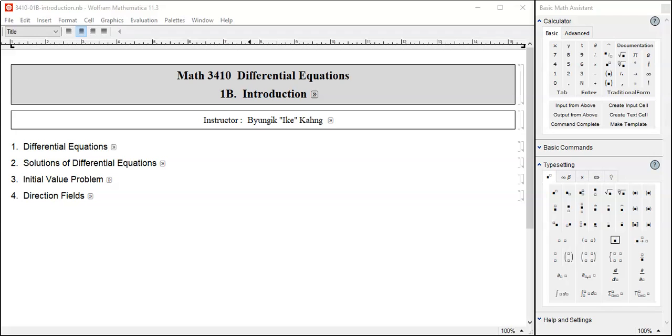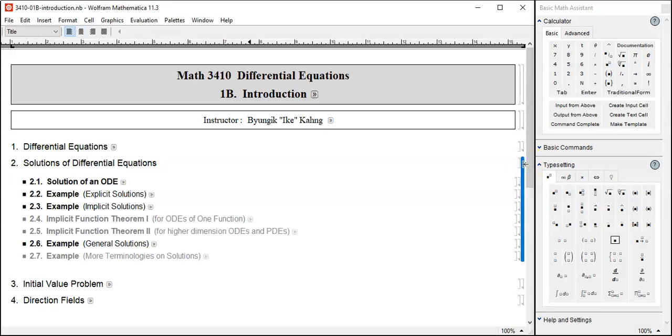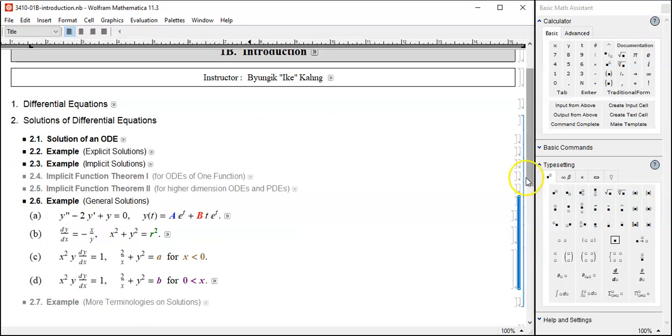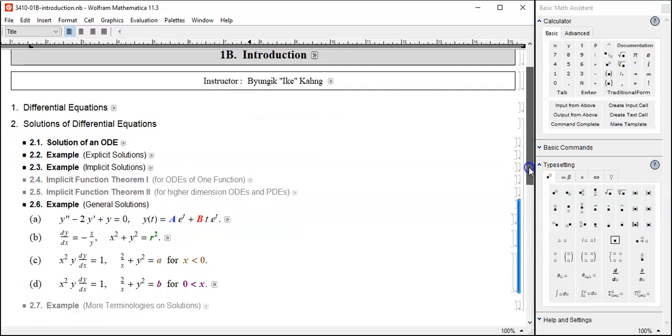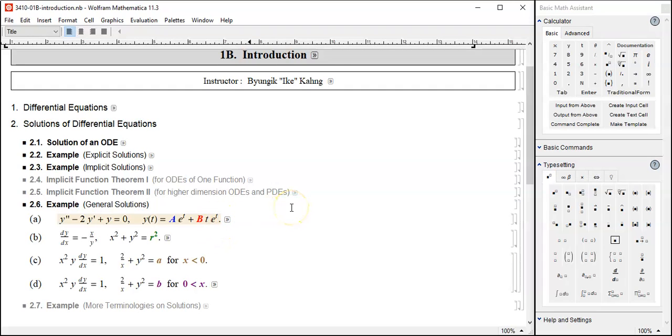Welcome back, students. We nearly completed section 2, but we have one more topic to go, general solutions. The general solution of an ordinary differential equation has various forms, but all the time we have undetermined parameters.